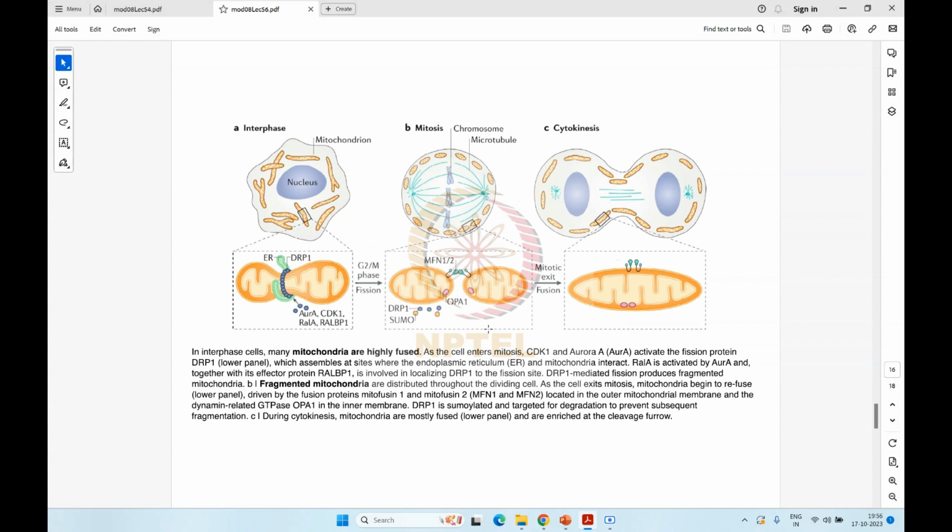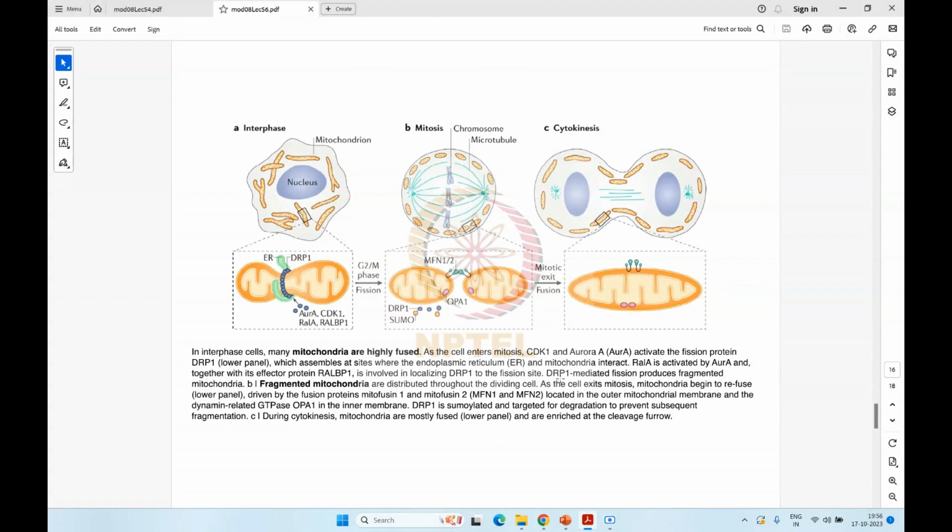Again, mitochondria are also going to fragment during this. In a normal cell there is a constant cycle of fission and fusion going on in mitochondria, but they are going to fragment even more during mitosis.